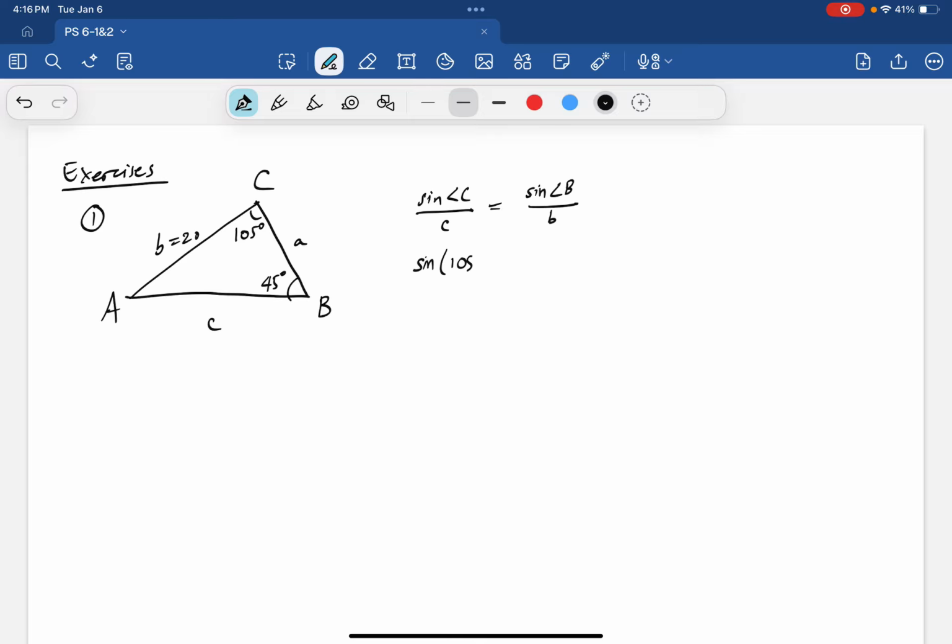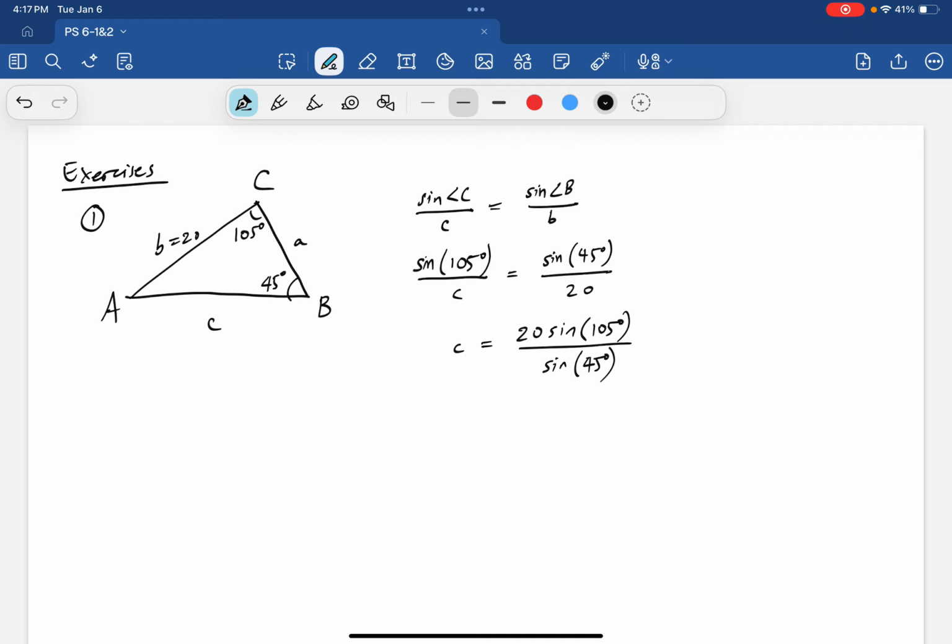Sine of 105 degrees over little c is equal to sine 45 over 20. And then if you solve this equation, you should get c equals 20 sine 105 over sine 45.